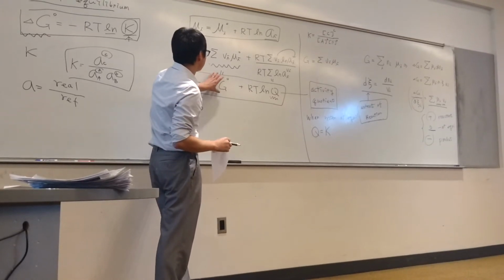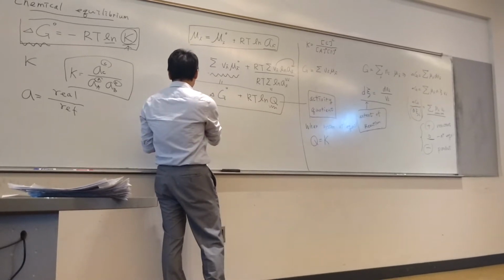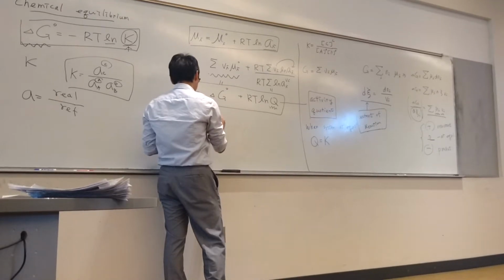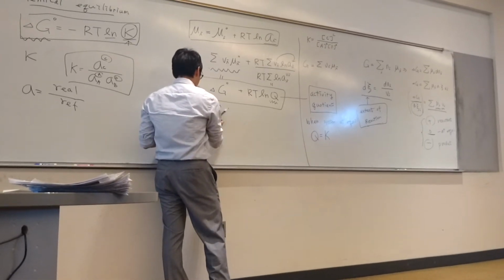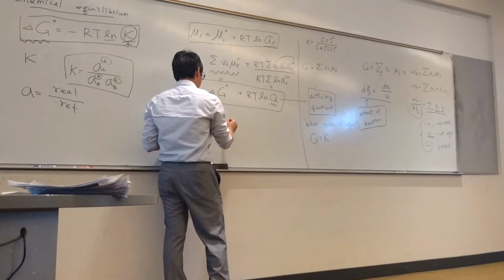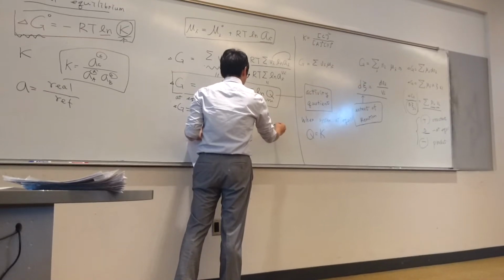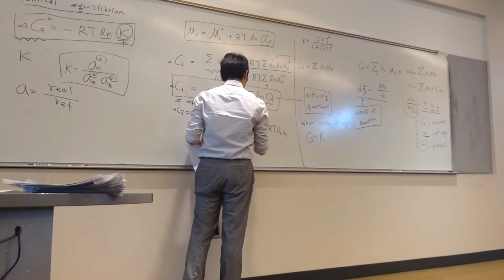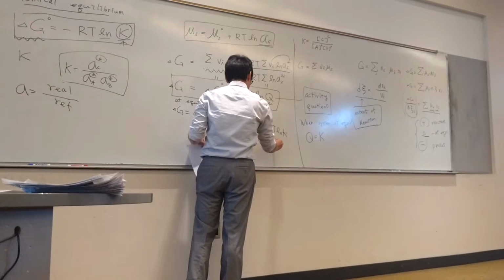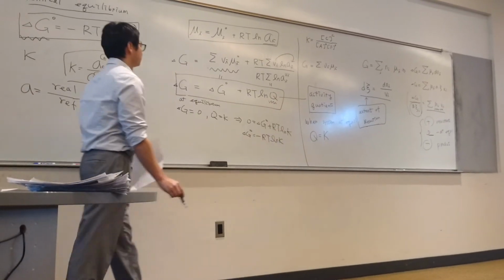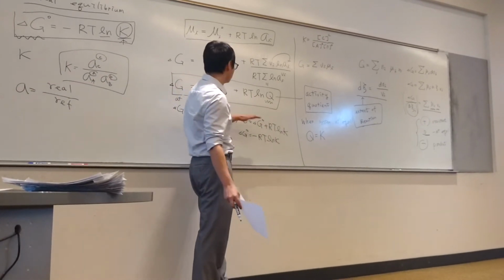Then you go back to delta G naught equals negative RT natural log K. So once equilibrium, Q equals K, then this equation will become this.